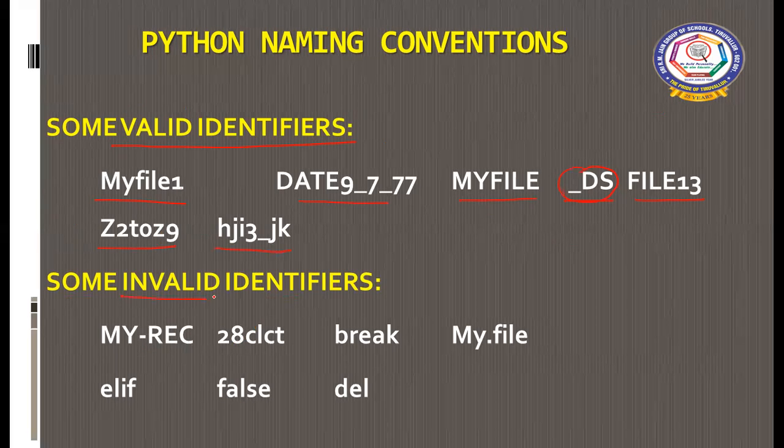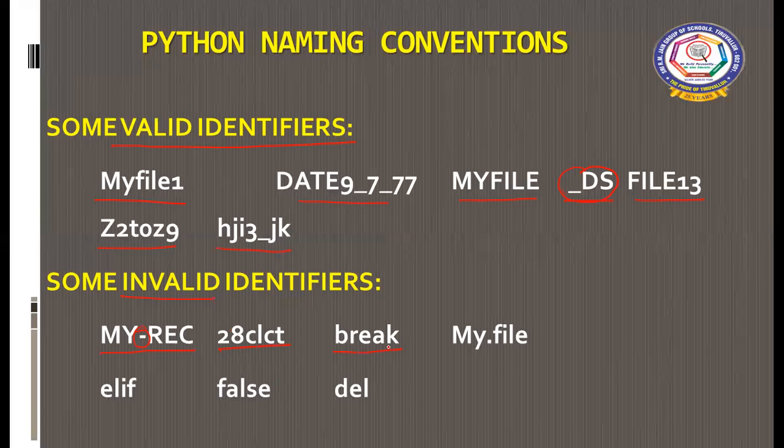Now let us see what the invalid identifiers are. My-rec: hyphen cannot be used. Hyphen is a special character, so this is an invalid identifier. In the second case, 2HClCt, the first character should always be a letter, or it may be an underscore. Here we start with a digit, so it is an invalid identifier.